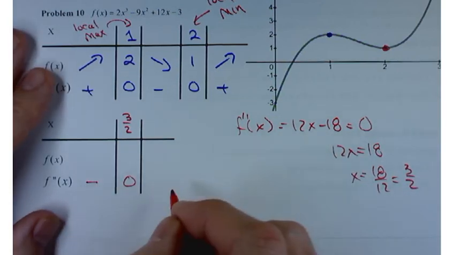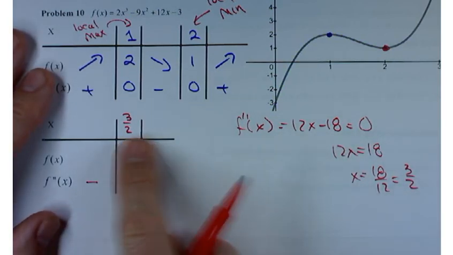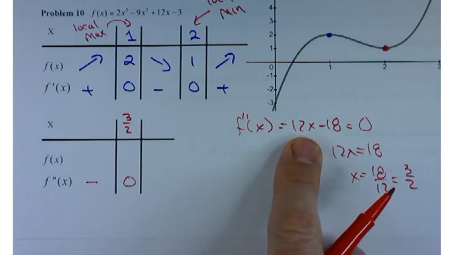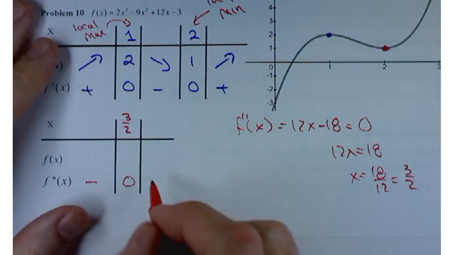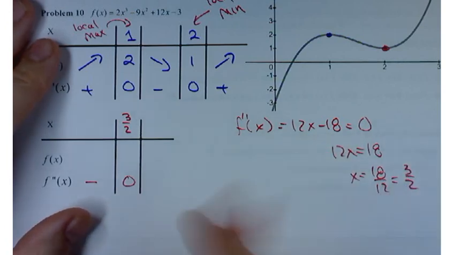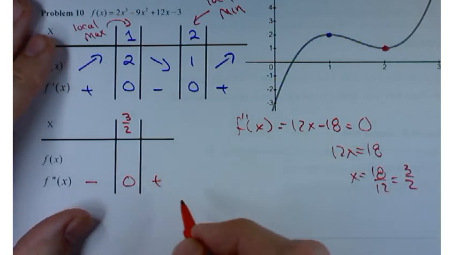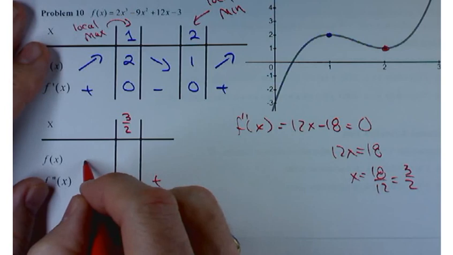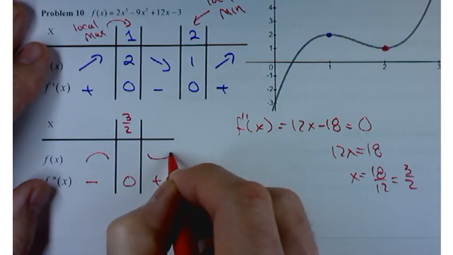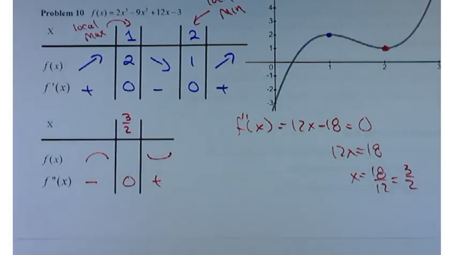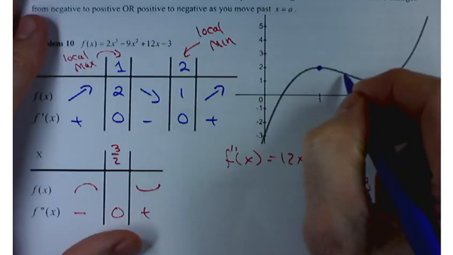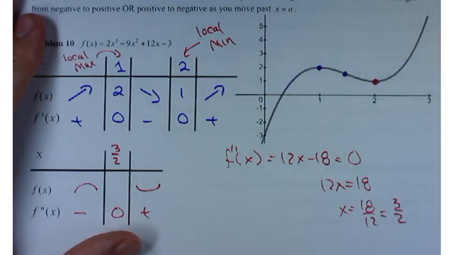So it'd be negative here. How about to the right? What's a point to the right of 3 halves? 2. So if I put in a 2 here, I get 6. So this is telling me that it's concave down and concave up. It's telling me the exact shape. And that little transition takes place right here.